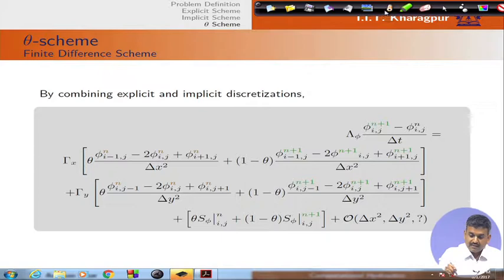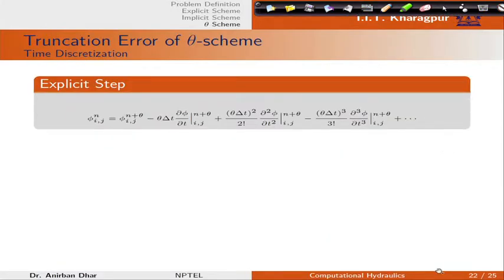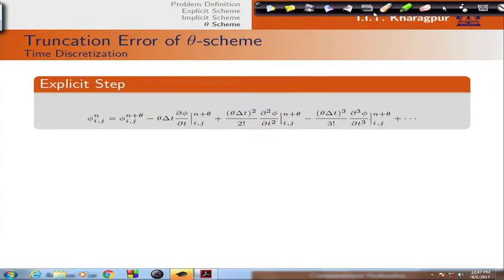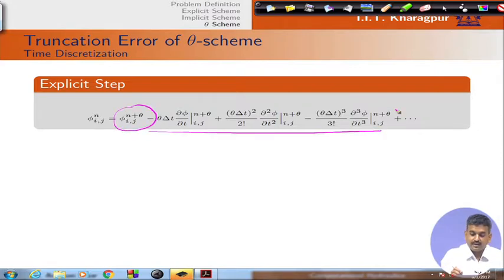In this case, an important point is what will be the truncation error order for del t or time. If we write it for explicit step, it is in terms of n plus theta, we can write it.